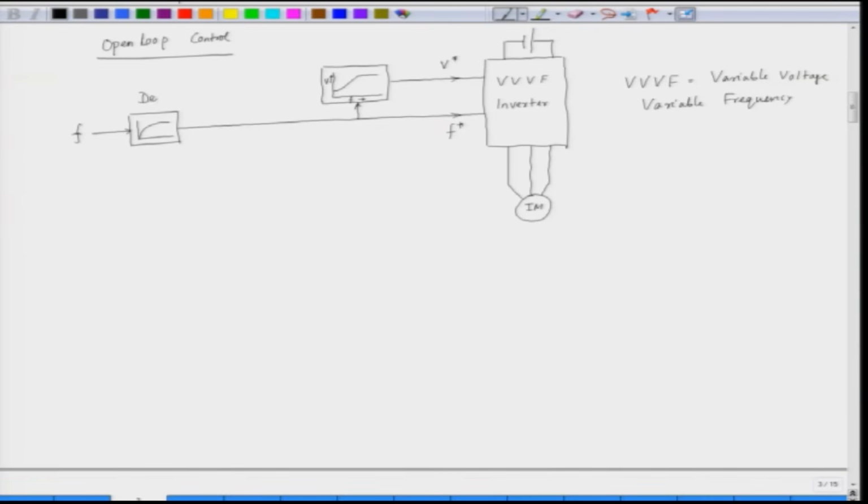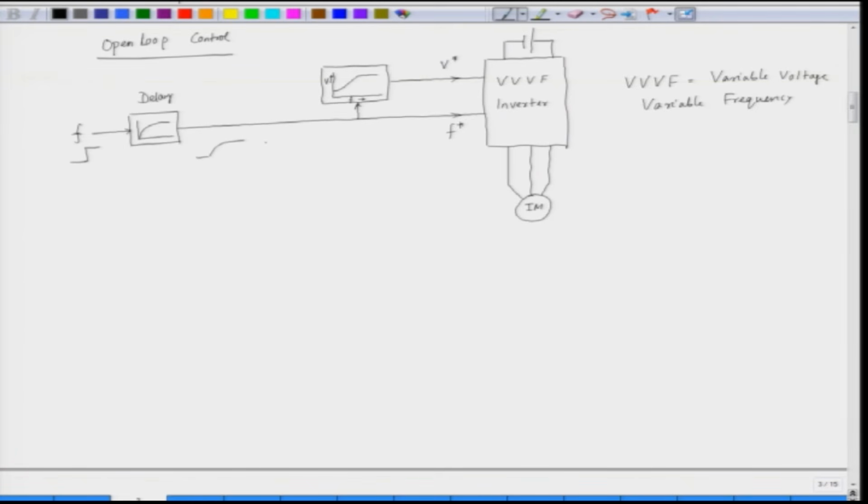Now, when we are changing the frequency it cannot be changed abruptly, because if we change the frequency abruptly the machine may be unstable. So, it has to be changed slowly, that is why we have a delay block here. Because if we apply a step change of frequency here, the actual change will be delayed like this.